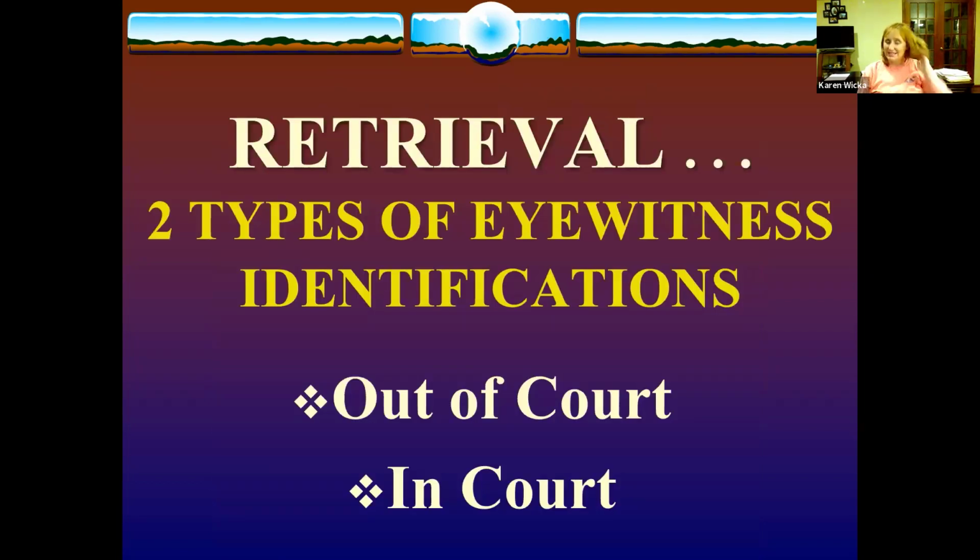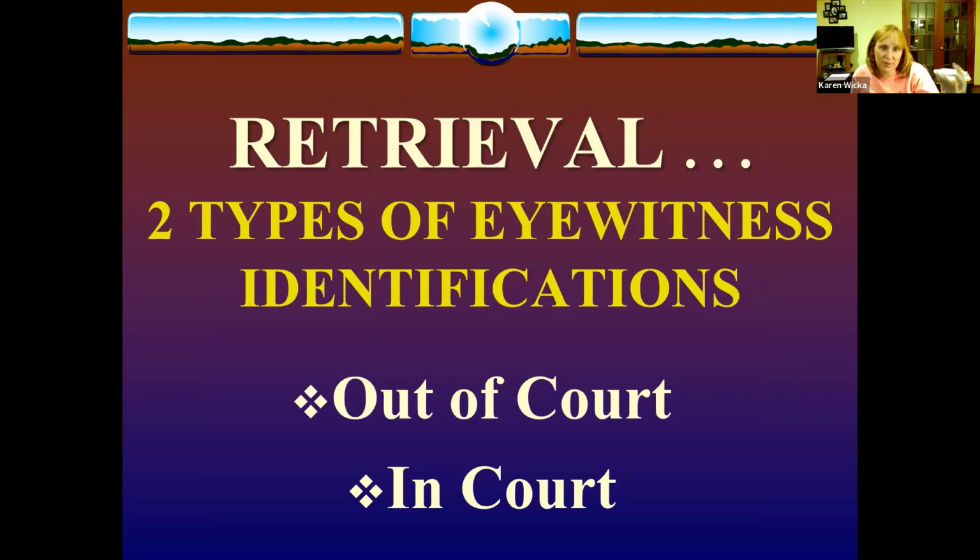And then the last thing we have to think about is retrieval. Retrieval is when we're trying to dig out what we did encode in our brain and that we did store. We need to retrieve that and pull it out. If you ever watched Harry Potter, he pulls the memories out into the pensieve. Well, we don't really have that in real life. There is no such thing as a pensieve.